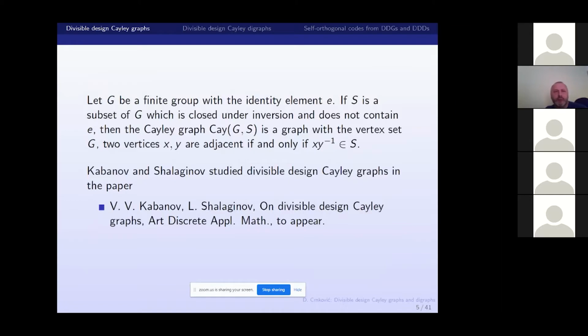So I will talk about Cayley graphs, also divisible design Cayley graphs. This is the definition of a Cayley graph.